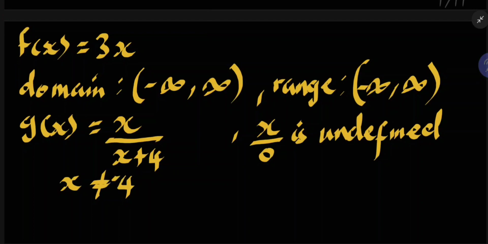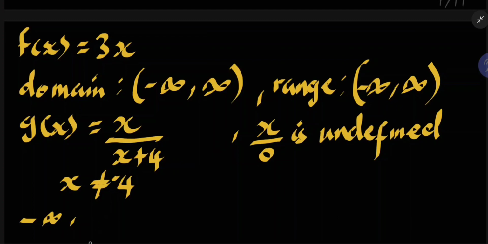But you can also express the domain as intervals, and that's a better way to write that. So for this function, we can go from negative infinity to every other number except minus 4.